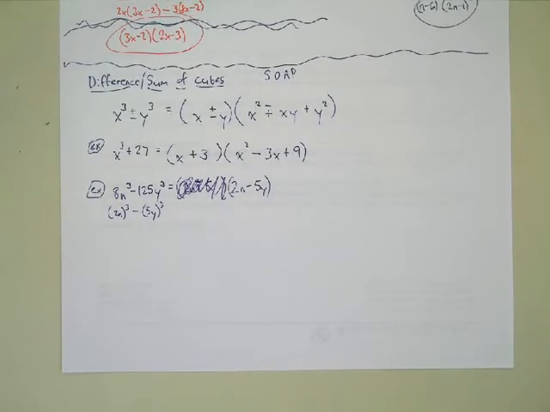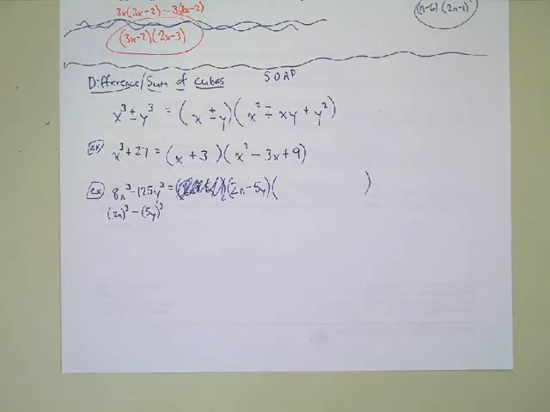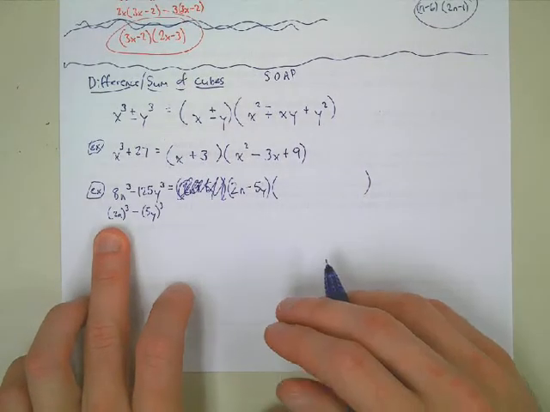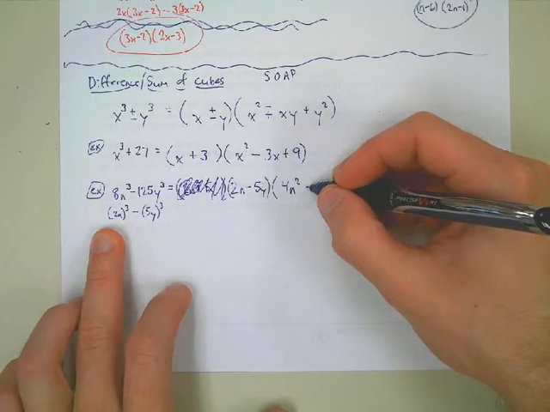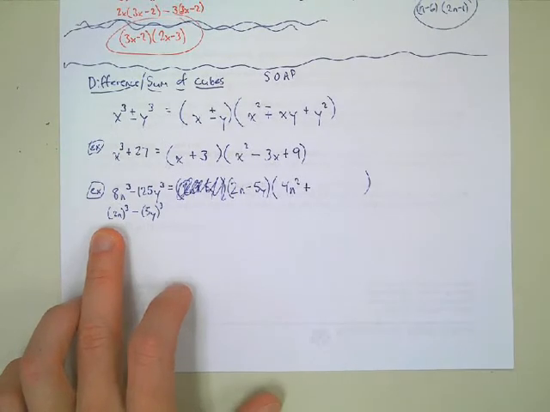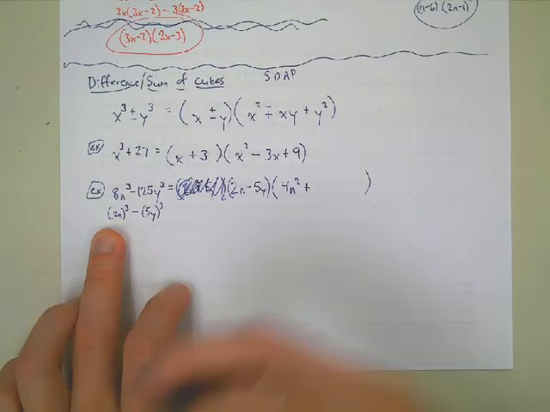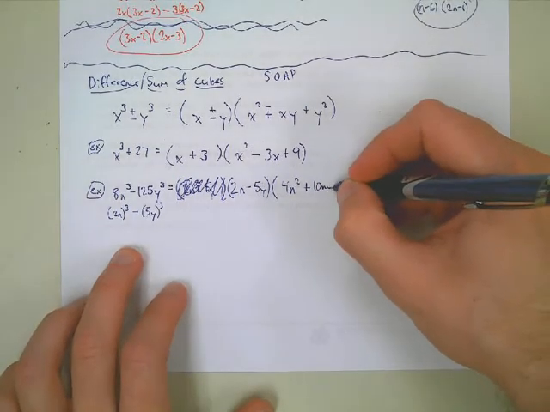And then we go into the second part here, our trinomial part. So it's the x squared, so that 2n is really going to be a what? 4n squared. Now opposite sign, so plus. And now it's going to be xy. So what will that end up being? 10ny or yn, depending on what order you like it in.